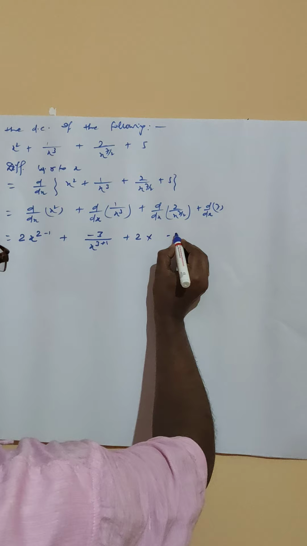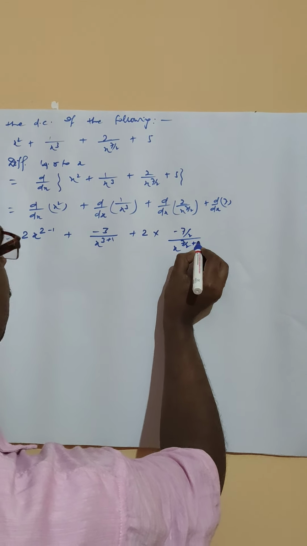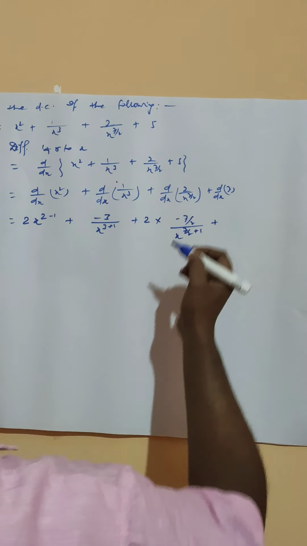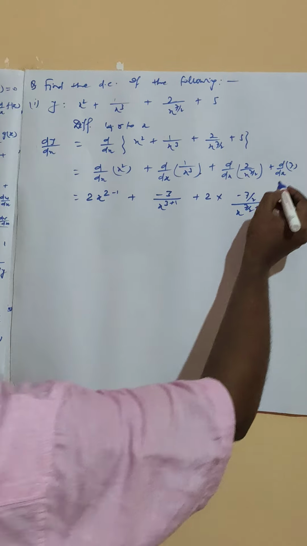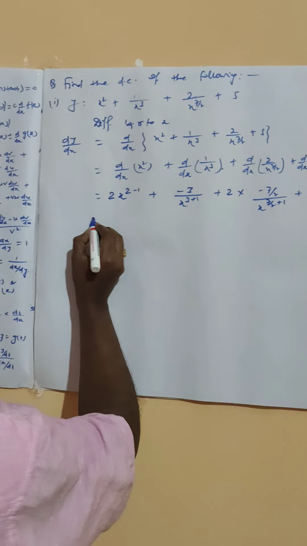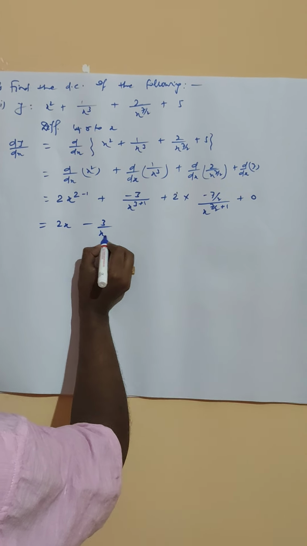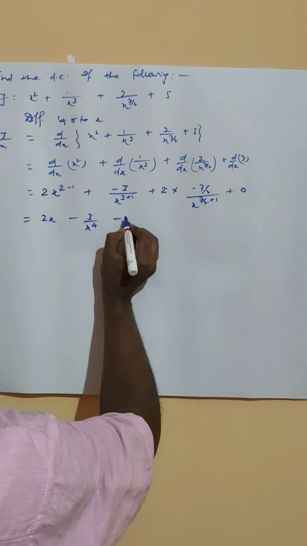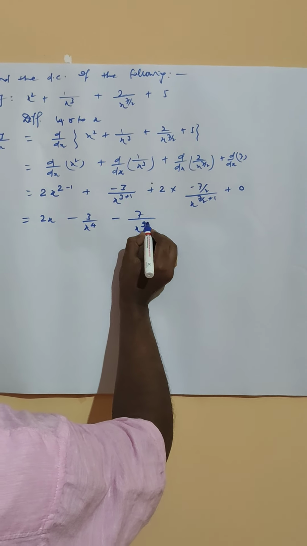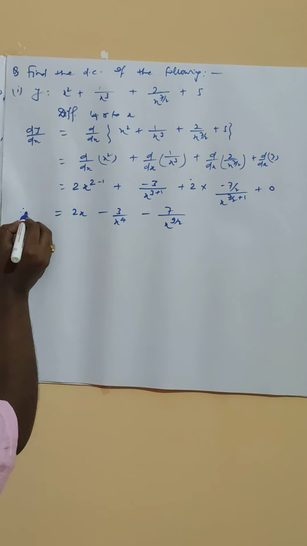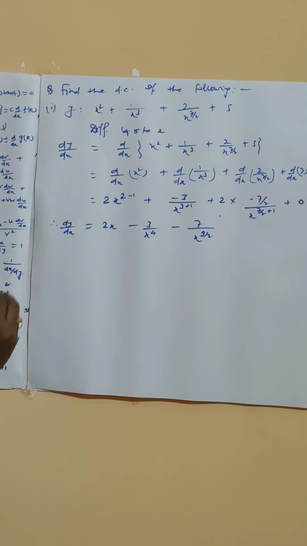So minus 7 by 2 x raised to 7 by 2 plus 1, and this is a constant. The derivative of a constant is 0. So we get 2x minus 3 by x raised to 4, the 2s cancel, minus 7 by x raised to 9 by 2. Hence dy by dx equals this.